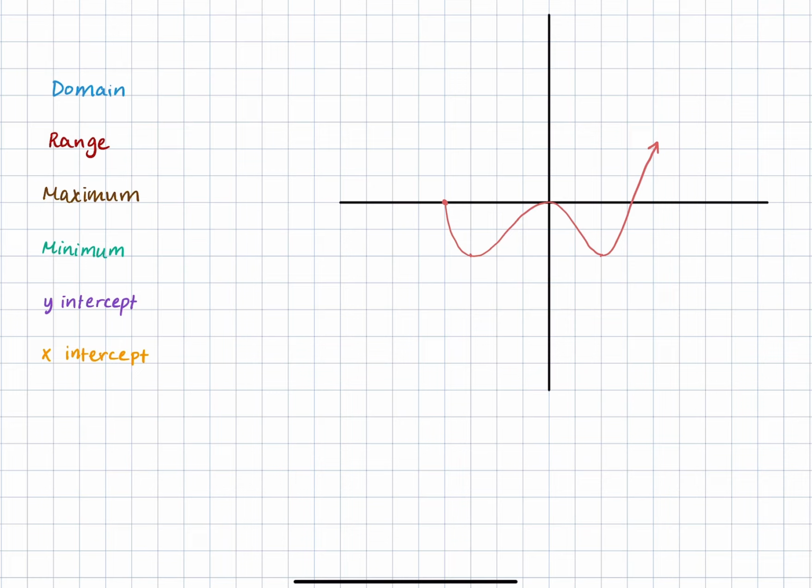When we talk about domain, it covers from here, here, and it keeps going because there's an arrow. As the function grows, we're covering more x values, so it can go on forever because we have an arrow right here.